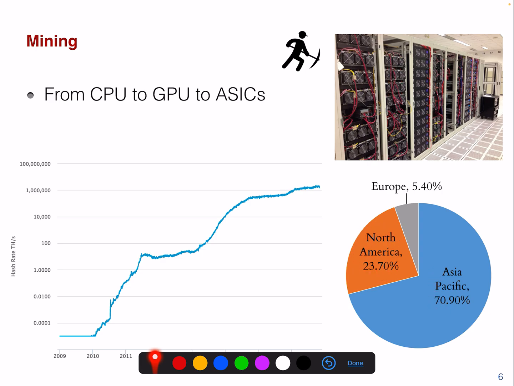A substantial amount is in North America, and quite a small amount is in Europe, probably due to labor and electricity costs. If you watch a few mining documentaries or videos, there are actually quite a few online. You might see images as such, where you have racks and a lot of machines with a lot of coolers, and it's probably quite noisy in there.